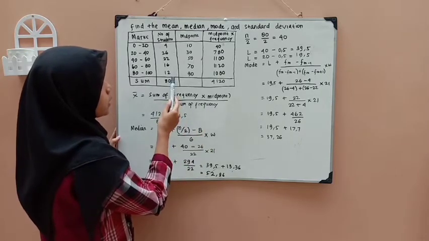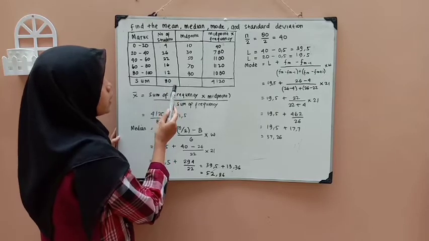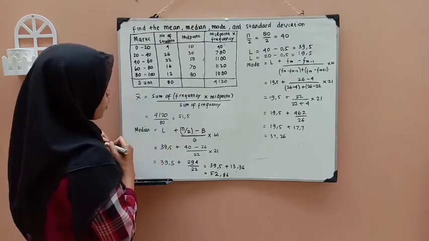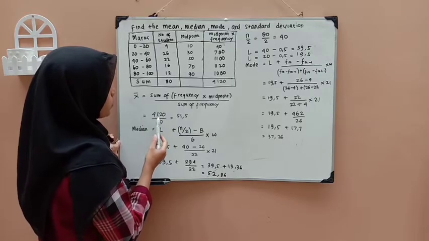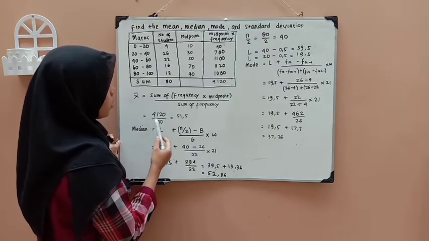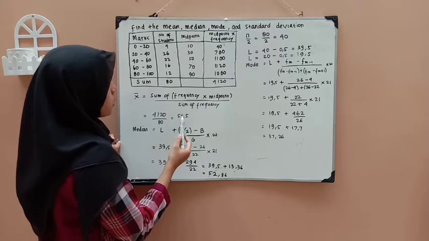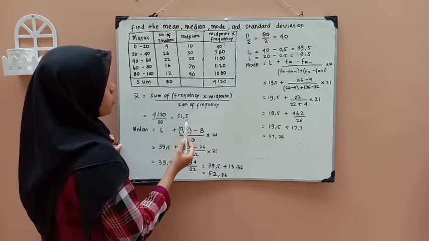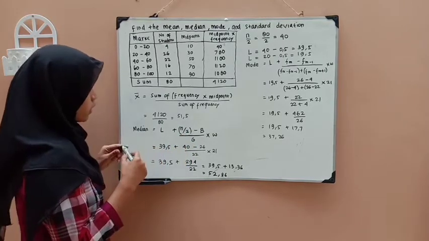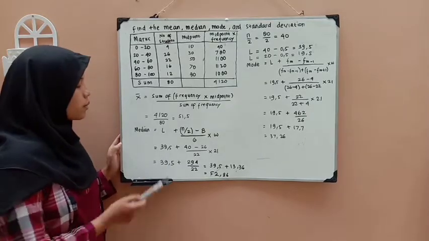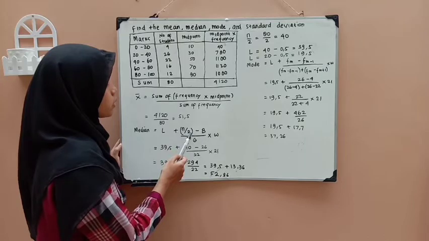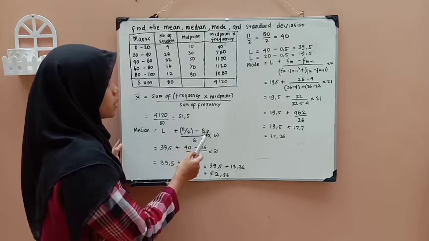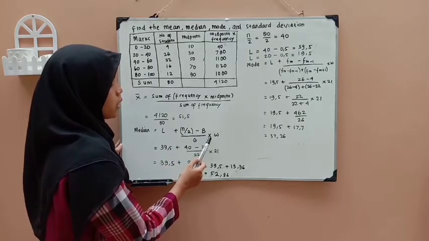The sum of frequency equals 80. So 4120 over 80 equals 51,5.